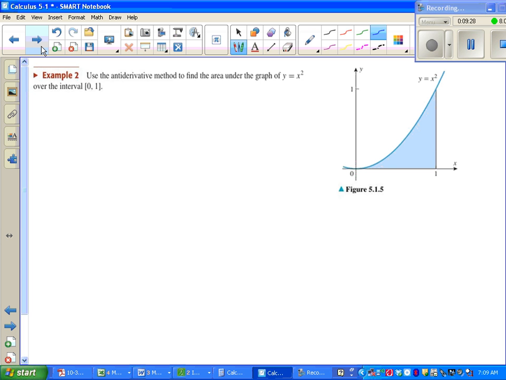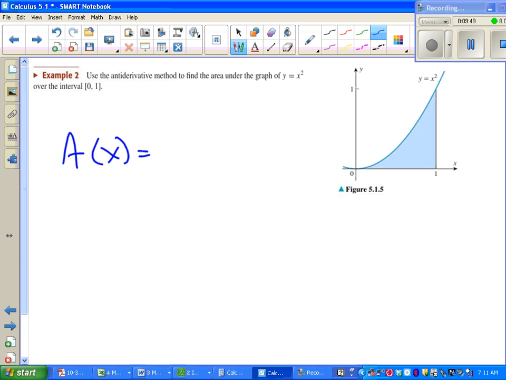So example 2 tells us to use the antiderivative method to find the area under the graph of y equals x squared on the interval 0 to 1. First, we'd like to come up with some area function.